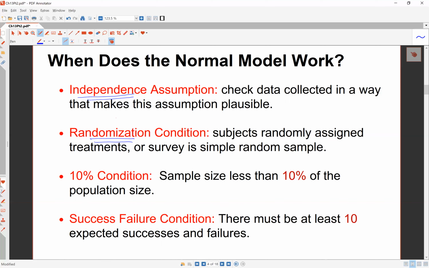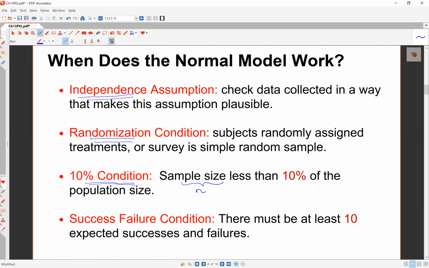Thirdly, we talk about the 10% condition. Now, what this means is that if you look at the size of your sample, the sample size n needs to be less than 10% of the population size.